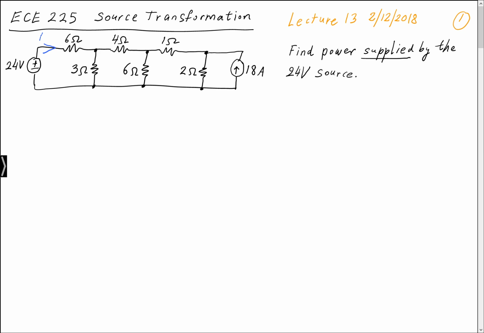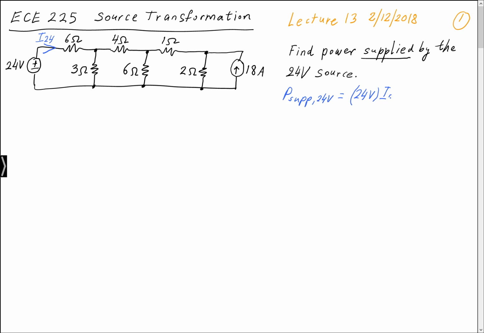So in effect, what we're really looking for is the current that's leaving the 24-volt source in the direction indicated. And once we find that current that I've labeled as I-24, then it's a simple matter to find the power supplied by the 24-volt source as simply 24 volts, the voltage V, times the I. That's the current that's leaving the positive terminal.